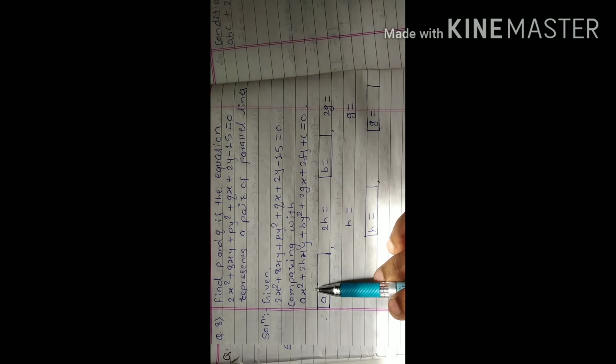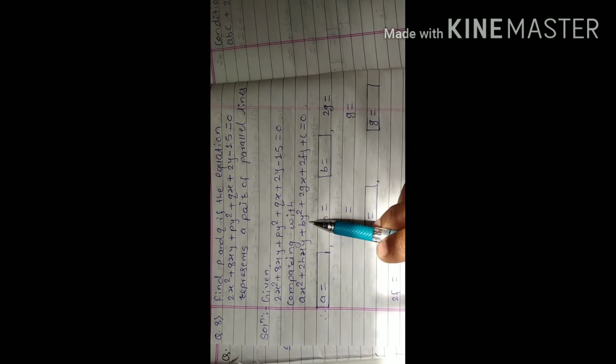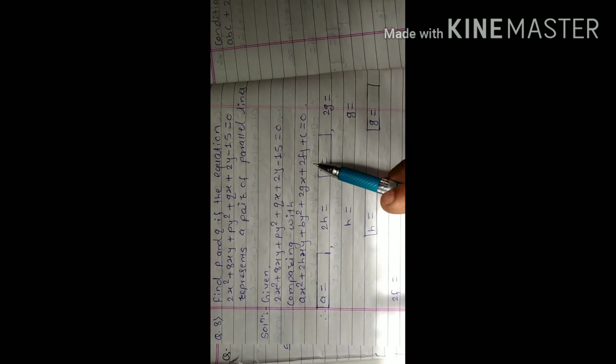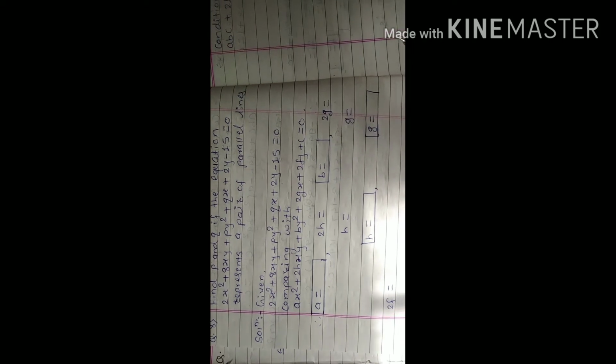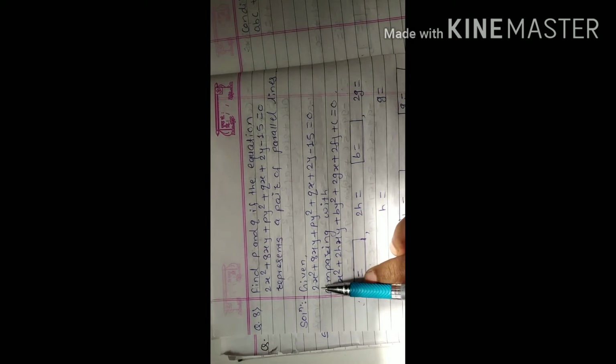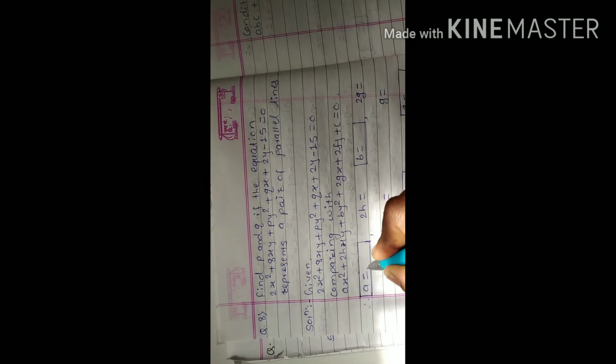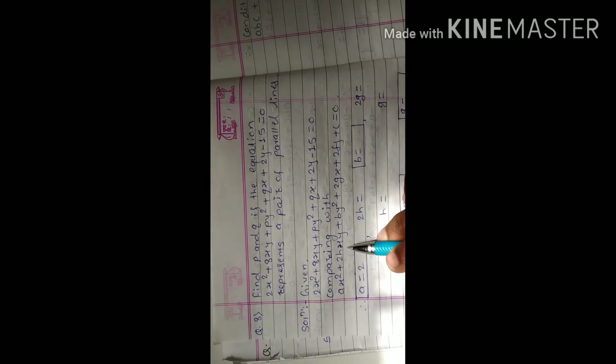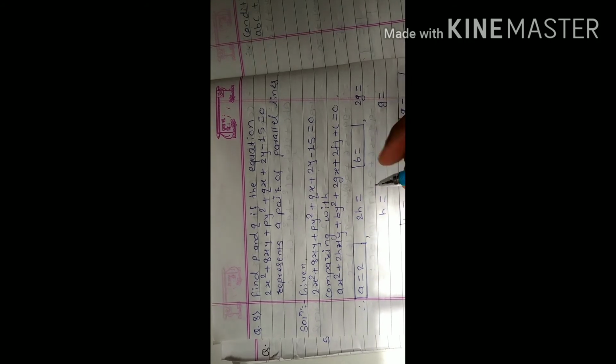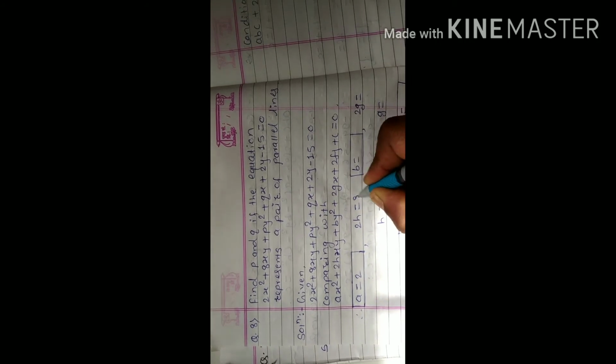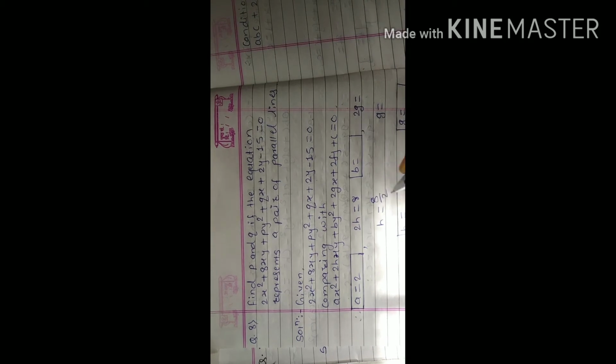Comparing with general equation ax square plus 2hxy plus by square plus 2gx plus 2fy plus c equal to 0. Then the value of a is the coefficient of x square, that is 2. Then 2h is the coefficient of xy, that is 8. h is equal to 8 divided by 2.